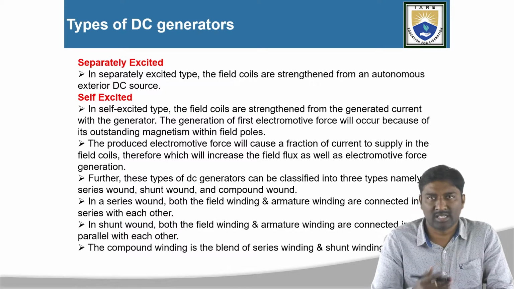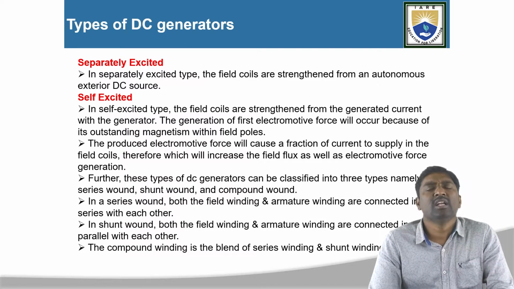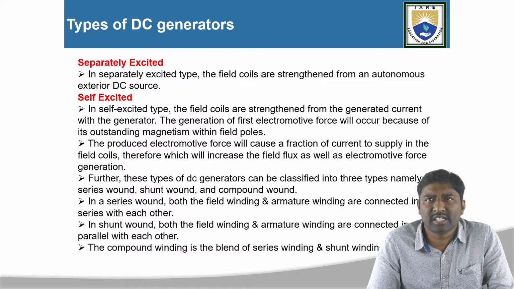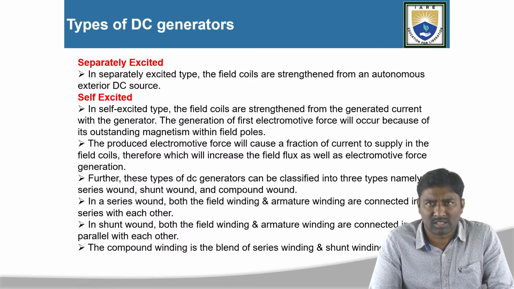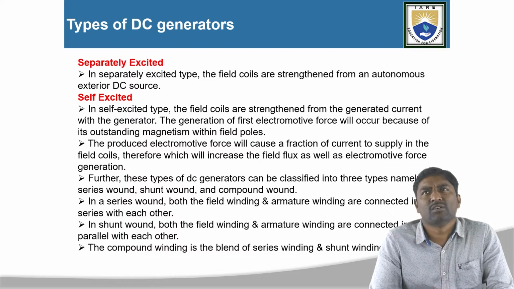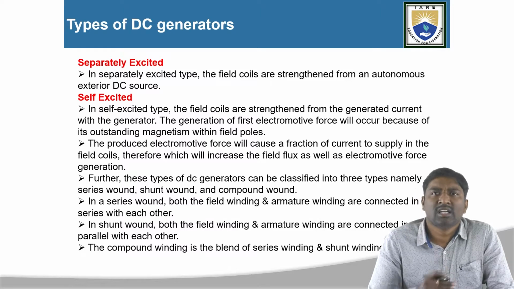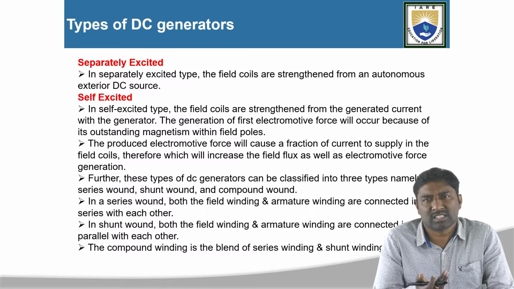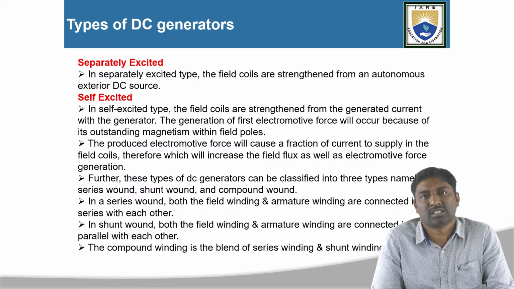Next is the self-excited DC generator. In a self-excited DC generator, the field coils are strengthened from the current generated within the generator itself. The first electromotive force occurs because of the residual magnetism within the field coils.